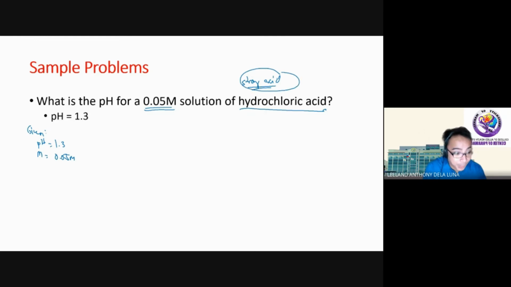So again, whatever the concentration of the strong acid is, that's also the concentration of its hydrogen ions. Are we clear? Meaning that's the same amount of protons it's going to express, because it will undergo complete dissociation. Strong acid, strong electrolyte, strong acid, strong base.